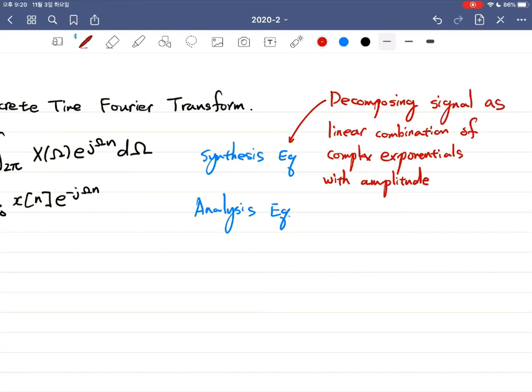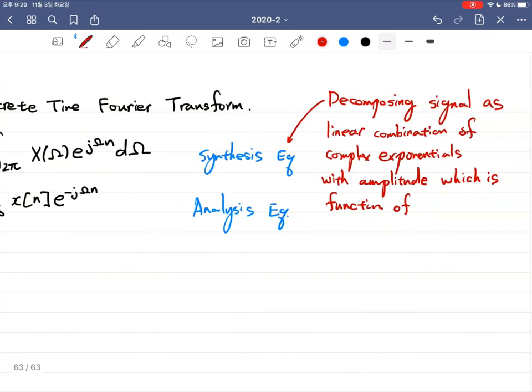And this amplitude is a function of omega, and it's proportional to the Fourier transform.